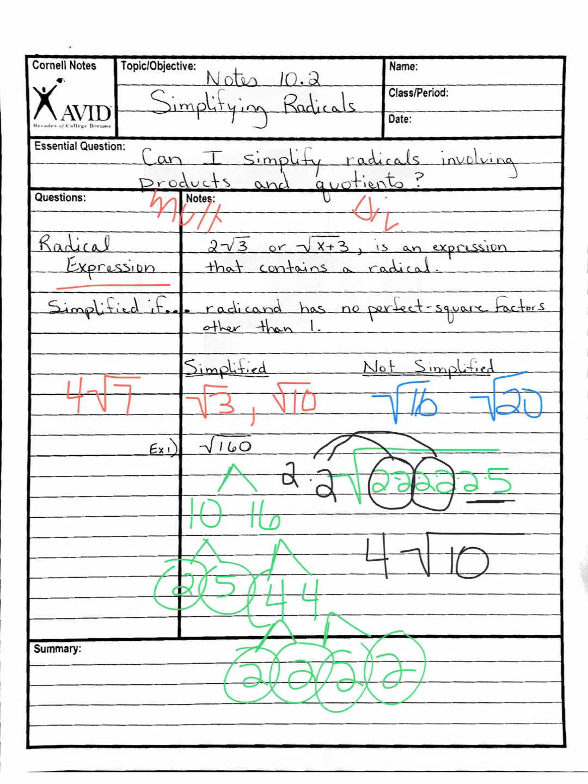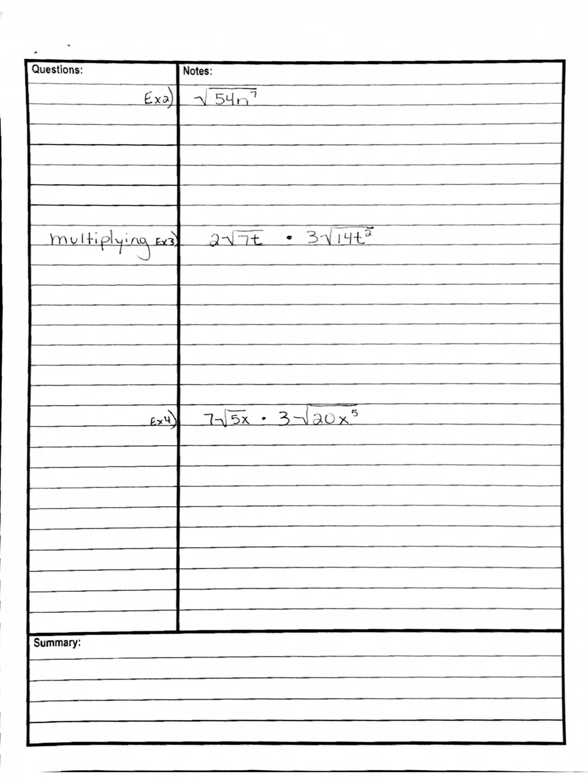Let's go ahead and look at our next example. Here we have letters. That's okay. We're taking the square root of 54 n to the 7th. So let's think about what we can divide 54 by. We know it's 6 and 9. We know this would be 3 and 3 and 2 and 3.